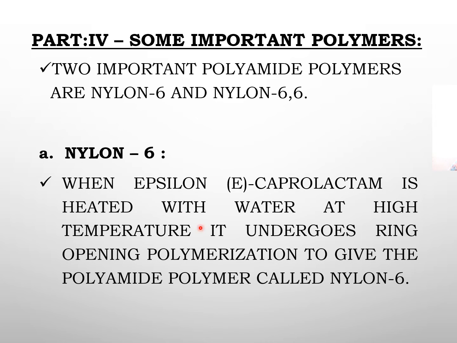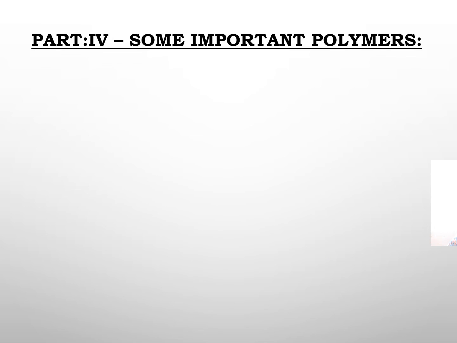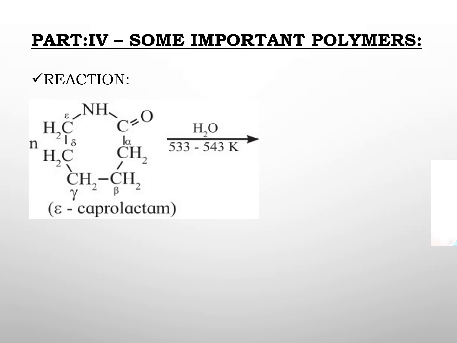Nylon 6: when epsilon-caprolactam is heated with water at high temperature, it undergoes ring opening polymerization and gives the polyamide called nylon 6. The monomer caprolactam is made up of 6 carbon atoms: alpha, beta, gamma, delta, epsilon. The CONH group is attached to the epsilon carbon, so it is called epsilon-caprolactam.